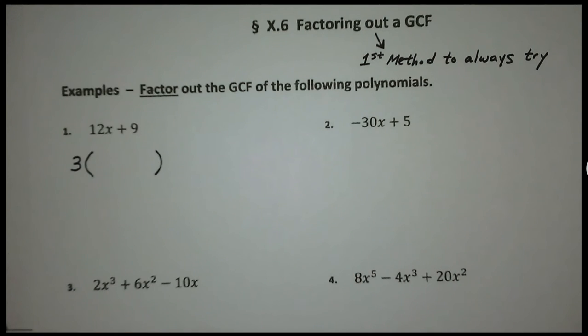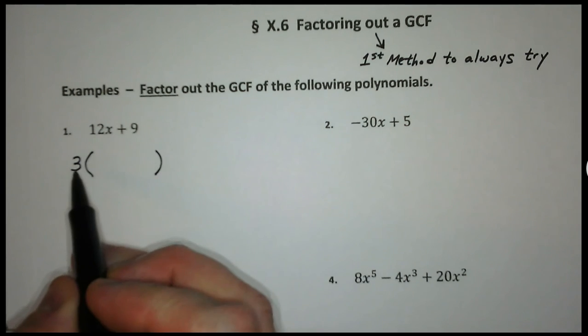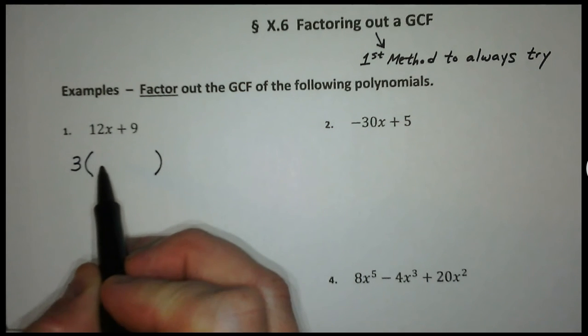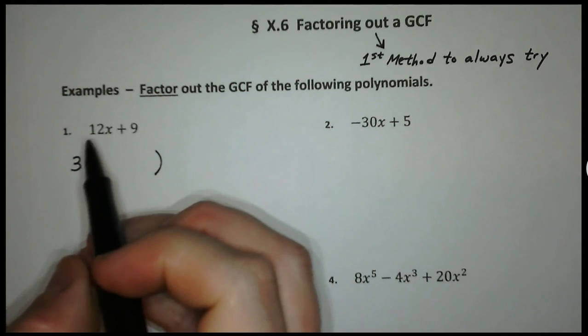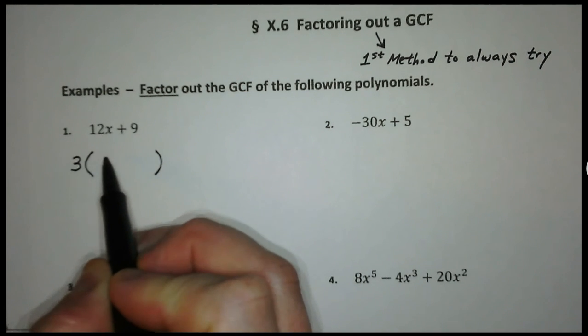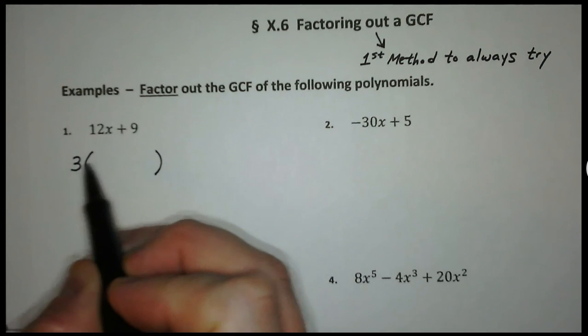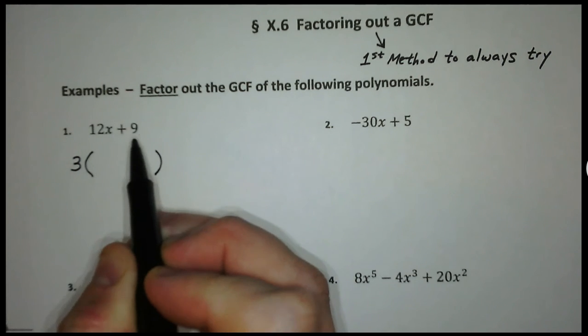So what you're going to do is you're going to bring it out in front. Okay? It's almost like you're undistributing, like you're doing the distributive property in reverse. And so you're going to divide this 3 away from both terms. And whatever's left over, or essentially it's like 3 times what would get you 12x, and then 3 times what would get you 9.